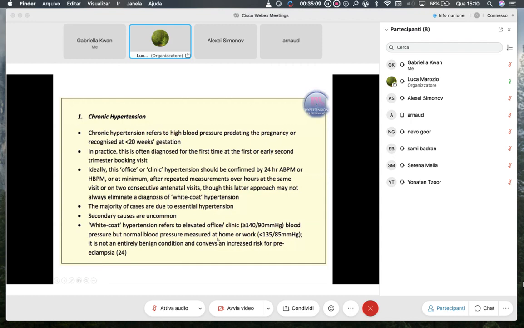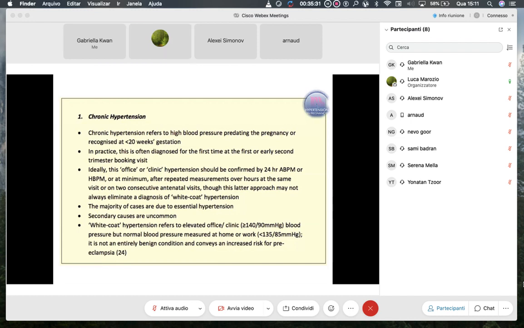Well, let's define chronic hypertension. Chronic hypertension refers to high blood pressure predating pregnancy, recognized before 20 weeks of gestation. Usually it is often diagnosed at the first visit, at the booking visit, or at least at the preconception counseling.